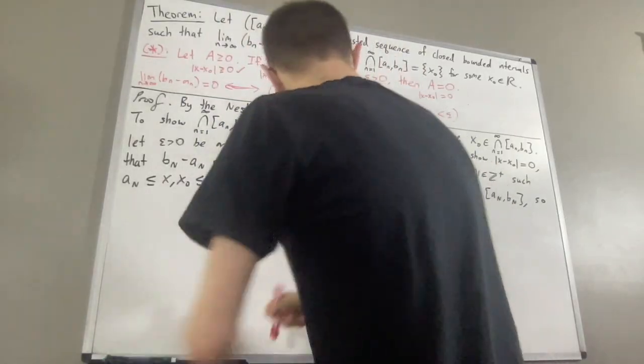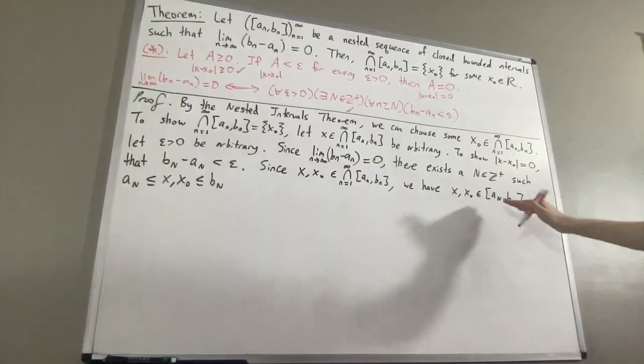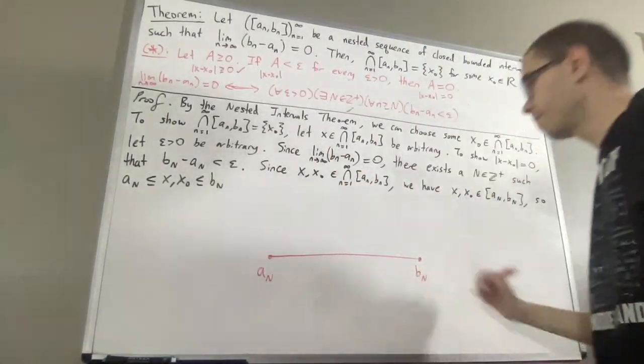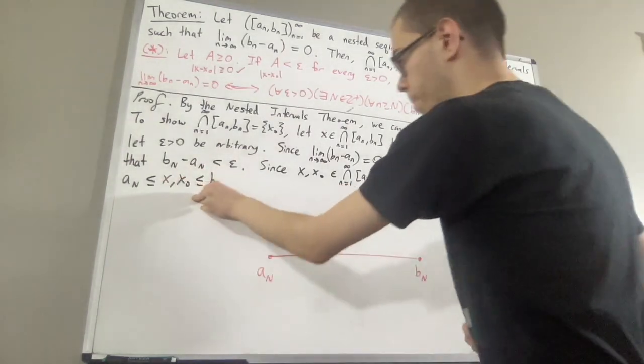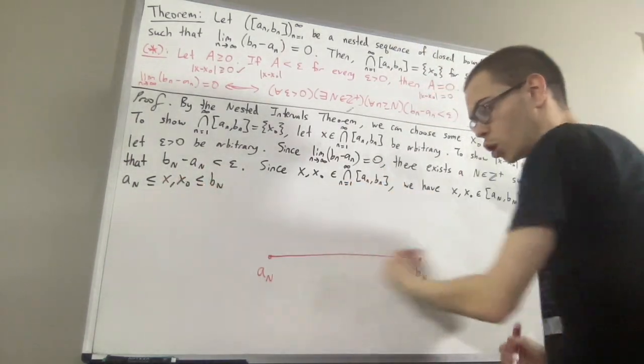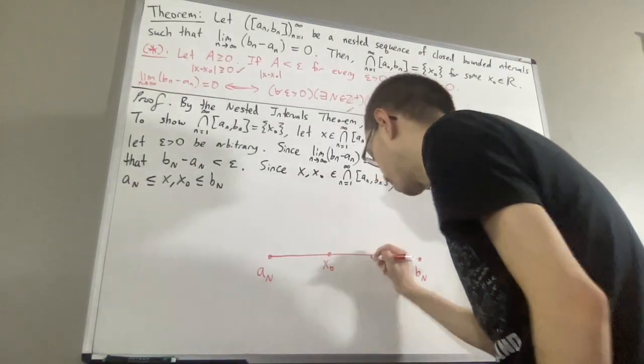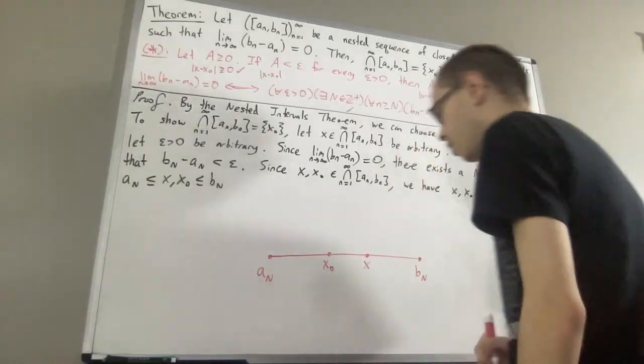Now, if we visualize our closed bounded interval a capital N comma b capital N, well then, x and x0 are some points in this closed bounded interval. Maybe this is x0, maybe this is x.